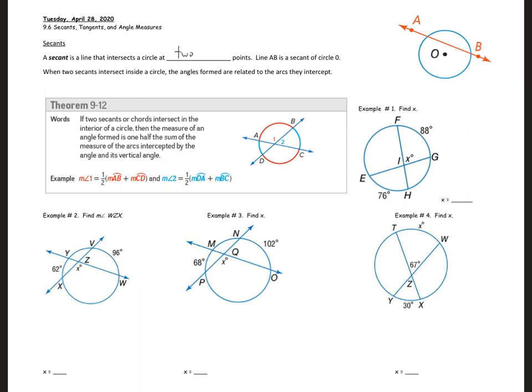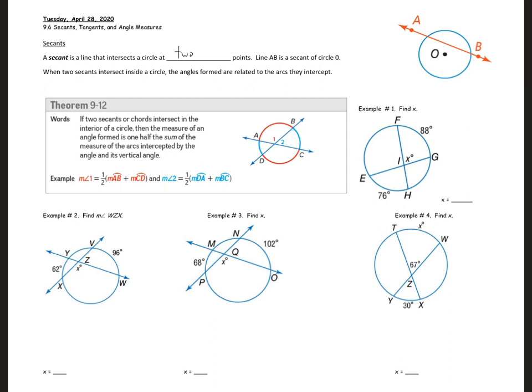So here, angle 1 is equal to half the measure of arc AB plus arc DC. Angle 2 is half the measure of arc DA plus BC.